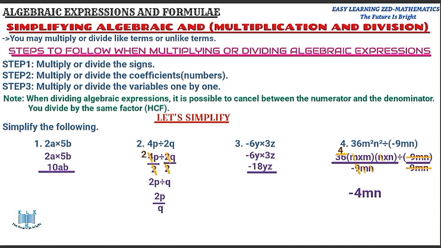That means now we have divided everything completely. Therefore, dividing 36m squared n squared by negative 9mn will give us negative 4mn. So that will be the answer.